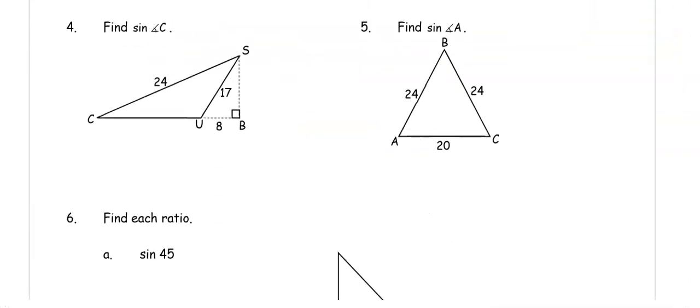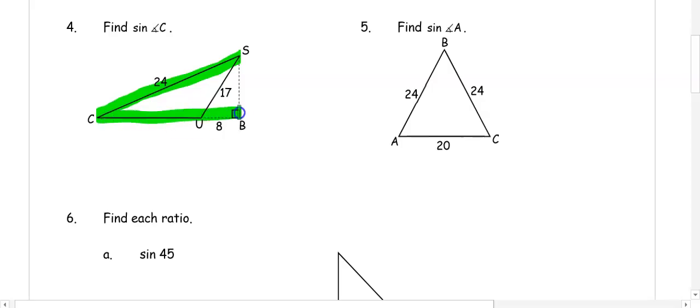In number 4, we want to find the sine of angle C. Now, when you're finding the sine of angle C, you have to use the right triangle, so we're going to use that extended triangle. When we're doing sine of angle C, it is the opposite over the hypotenuse.